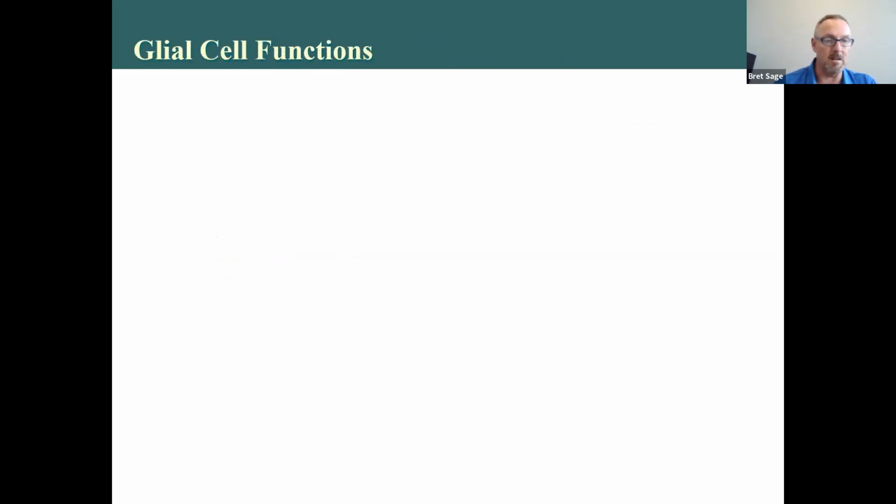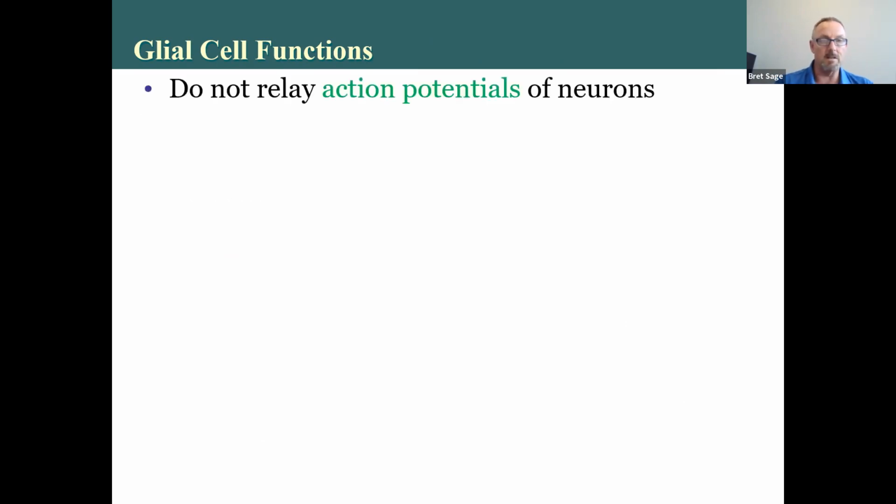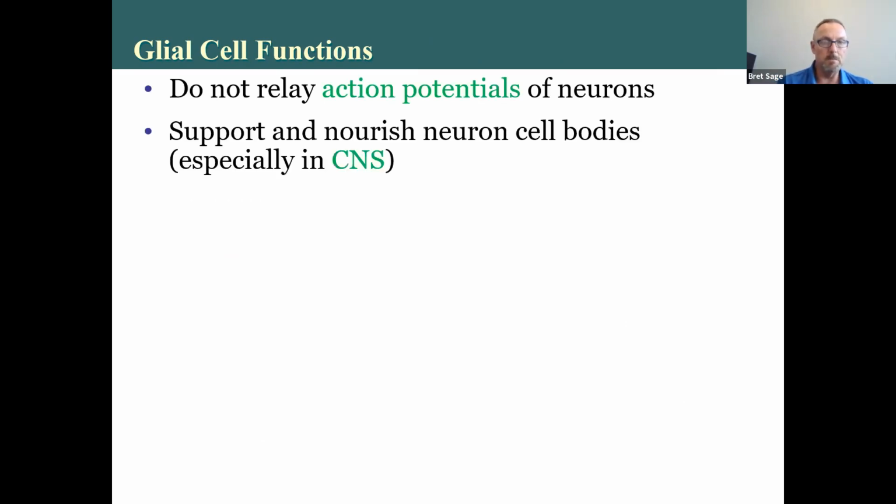Okay, so we're going to be talking about cells called glial cells. There are two different kinds of cells in the nervous system: neurons, which we're familiar with, and glial cells, or neuroglia. Glial cells are kind of helper cells. They don't do any actual sending of signals, but they help maintain the integrity and the metabolic needs of the neurons. They don't generate action potentials, so they're not sending signals.